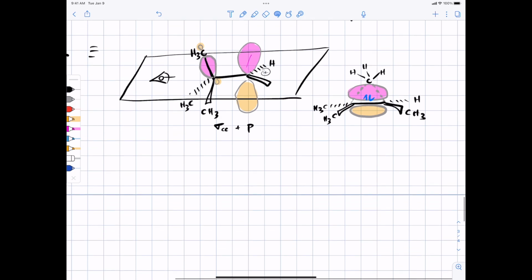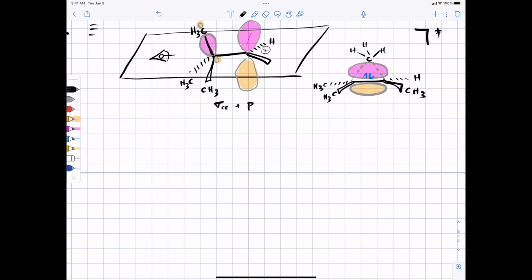Right. So imagine this is a transition state, with double daggers, and as the methyl group continues to lean over, it gets bonded to the other carbon.